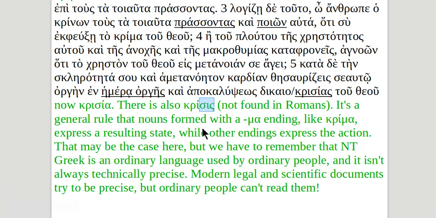This may be the case here, but we have to remember that New Testament Greek is an ordinary language used by ordinary people, and it isn't always technically precise. Modern legal and scientific documents try to be precise, but ordinary people can't read them.